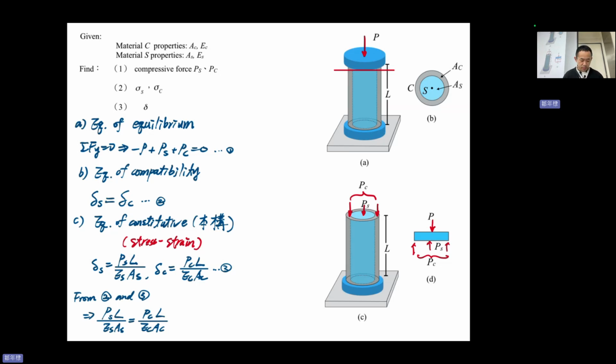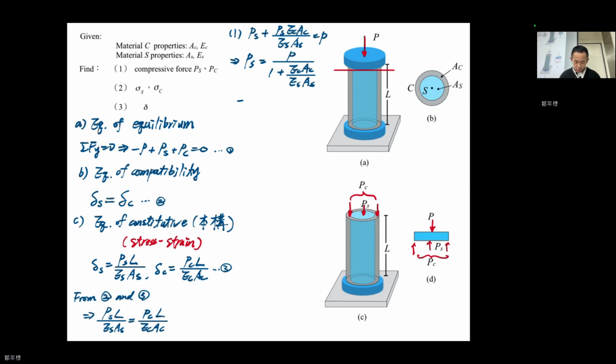So now, the first one: what is PS and PC compression? PS plus PC equals P. Well, we substitute the PC by PS, ECAC over ESAS, equal to P. So PS equal to P divided by, a little bit ugly, 1 plus ECAC over ESAS.